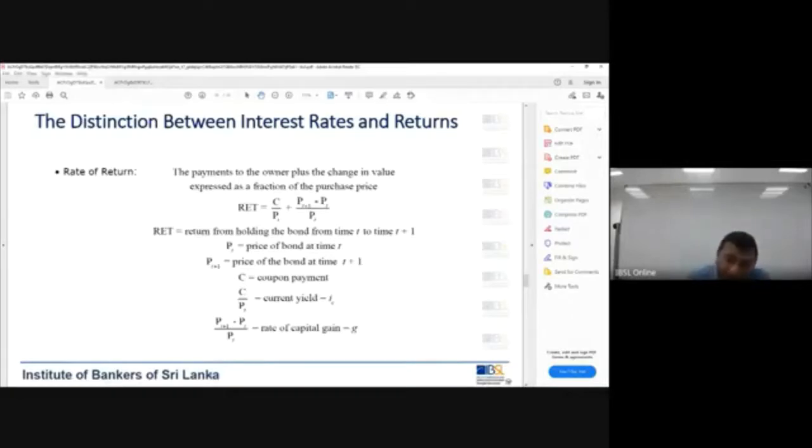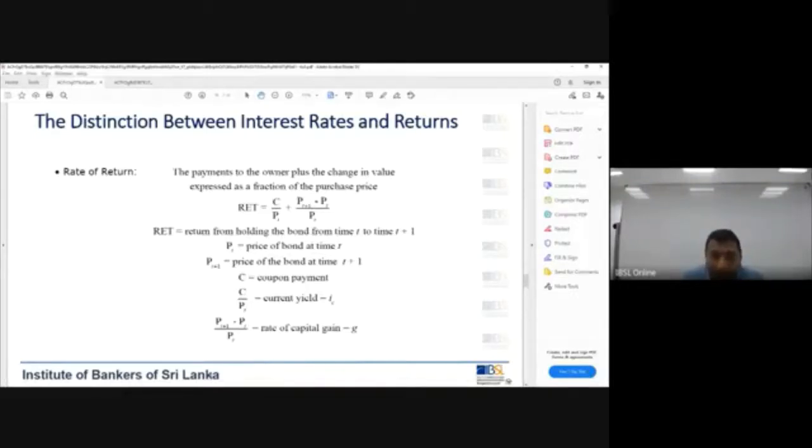And then you have the second component, PT plus 1 minus PT over PT, the price at time T plus 1, that is 1 year from now, minus the price at time T, that is today's, over the price today. That would determine the so-called G, small g, that is capital gain.